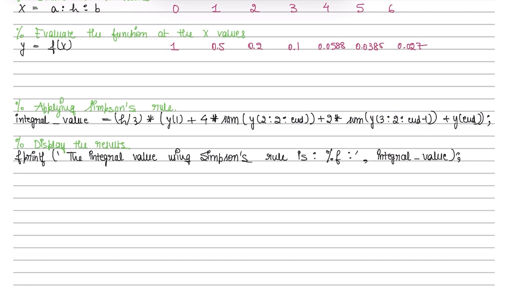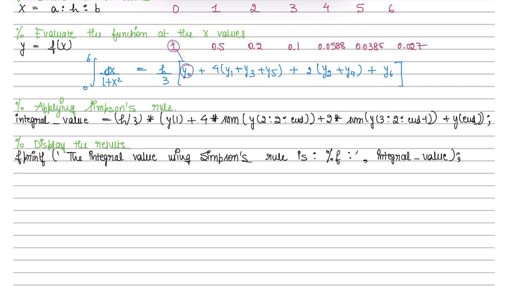Now let us understand this Simpson's rule first. When we were solving this method manually, we saw that the integral value according to Simpson's rule is h by 3 into y naught plus 4 times the odd terms and 2 times the even terms plus the last term, which is y6.